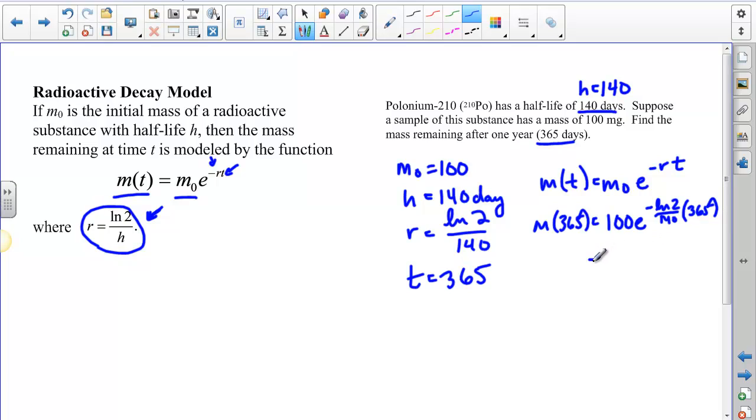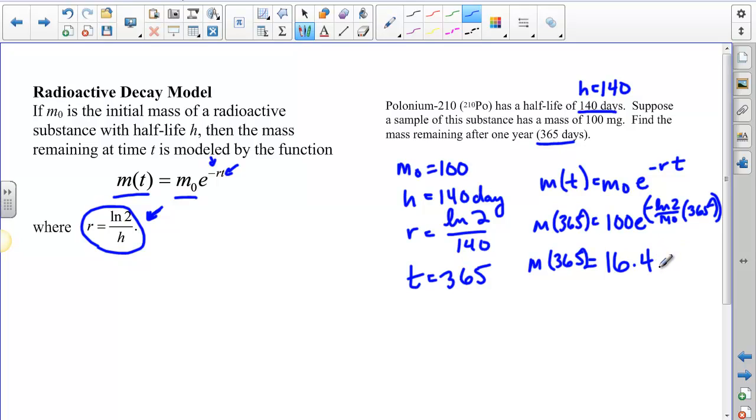Looks kind of confusing to plug into your calculator, but you've got to be a little careful. Make sure that you put parentheses around the exponent here. If you plug it into your calculator correctly, which I recommend that you do right now just to make sure you get it right, the answer is 16.4.